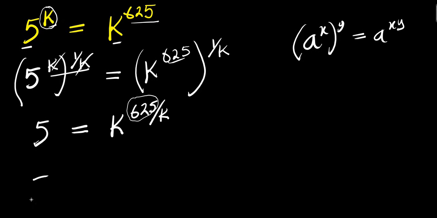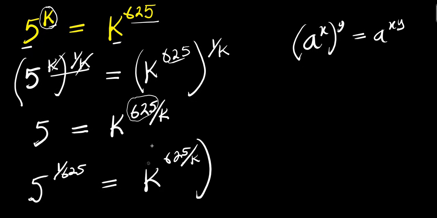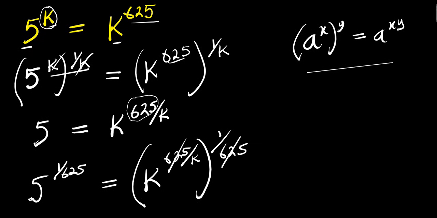So we have 5 power 1 over 625 equals k power 625 divided by k, and this is raised to the power of 1 over 625. So going by this same identity, let's cancel this.